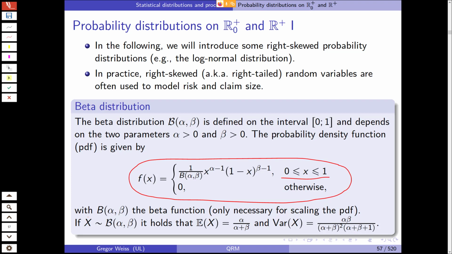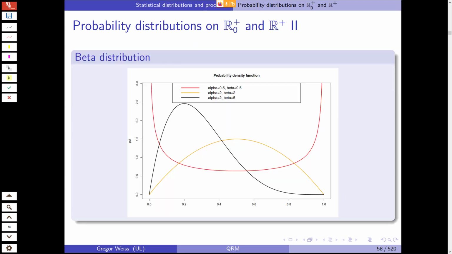And if, for example, a random variable X is distributed according to a beta distribution with alpha and beta as parameters, we have alpha divided by alpha plus beta as its expected value. And the variance of X is also given as a function of alpha and beta.